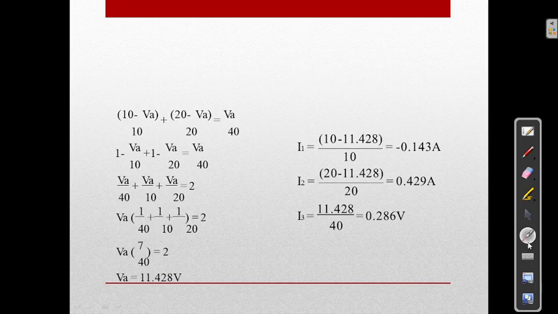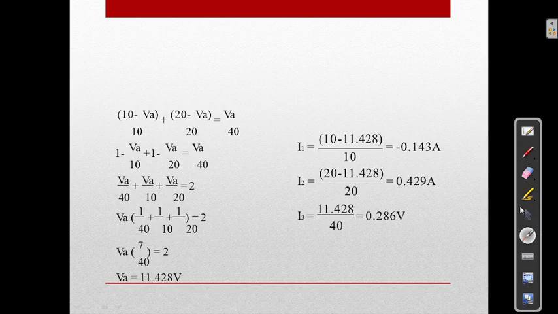For I2 we have 20 minus VA divided by 20, so (20 minus 11.428) divided by 20, which is 8.572 divided by 20, giving 0.429 A. Likewise for I3, we get VA by 40, so 11.428 divided by 40, which gives I3 equal to 0.286.